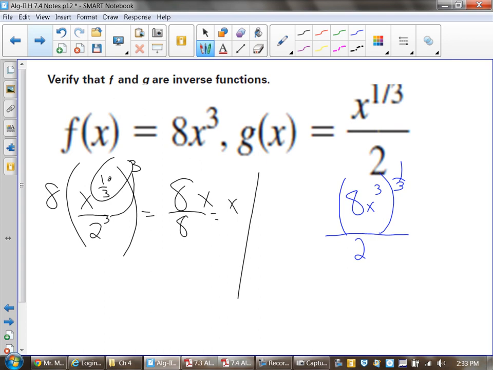What's the cube root of 8? 2. And again, I have power to power. What's 3 times a third? 1 again. You get 2x over 2, which is x. Are they inverses? Yep. That's about as nasty as this stuff looks. You just have to worry about going through with your exponent rules.